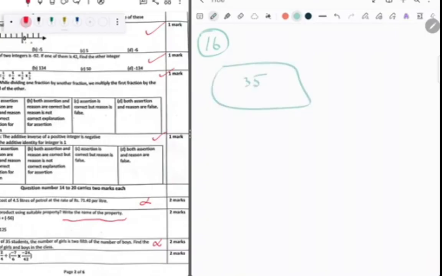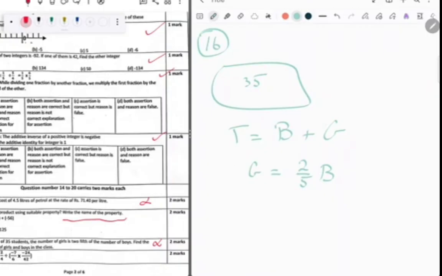Now show that the total number of students is the number of boys and the number of girls. Now they're telling us the number of girls is 2/5 the number of boys.